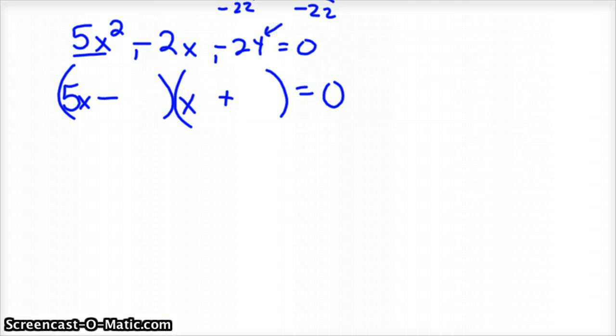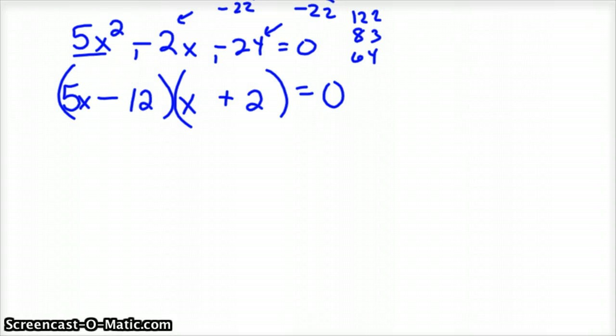And then the 24 in the back, you could use 8 and 3, 6 and 4, 12 and 2. And I'm looking for a negative 2 when you have a sum of the negative and positive there. So 5 times 2 is 10, and 12 has a 2 difference. So let's put the 12 here and the 2 here.